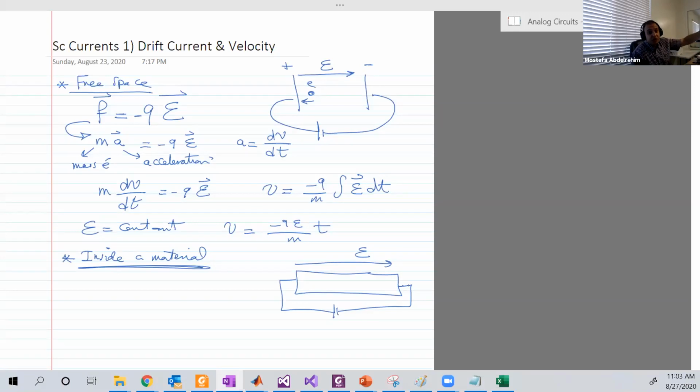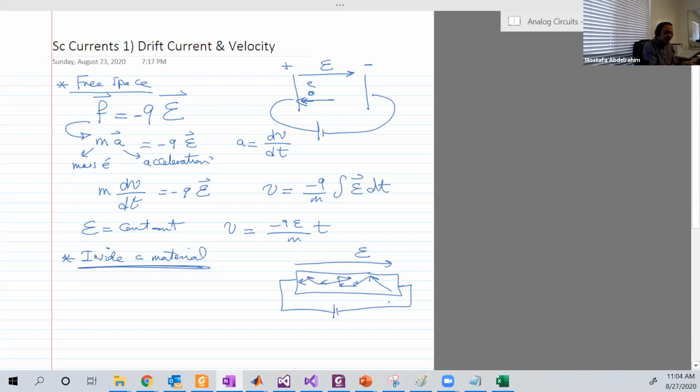There are atoms there, silicon atoms. There are holes that they can recombine with. There are positive ions, like for example the phosphorus atoms, which donate electrons. All those guys affect the electron motion. So it will not be straightforward like this, a straight line, no. It will be something random, but in one direction. So for example, it will move like this, something like this.